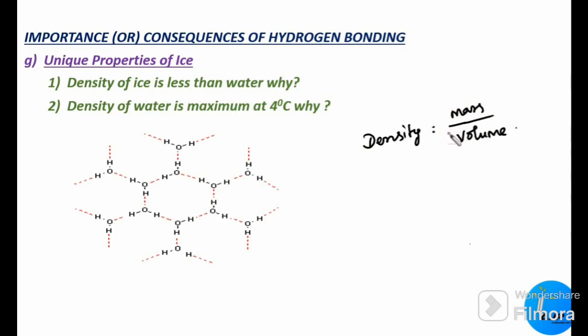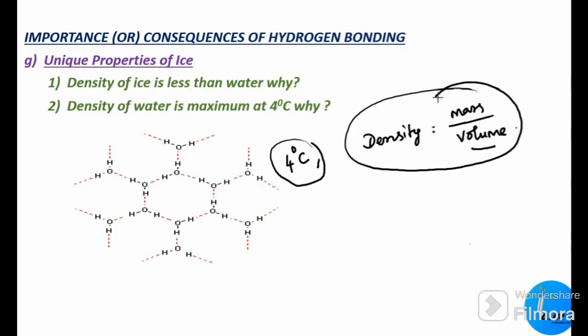Density increases. Next comes why the density of water is maximum at 4 degrees centigrade. On heating, the cage structure collapses and this continues up to 4 degrees centigrade. At this temperature, the volume becomes minimum for the definite mass and density becomes maximum.